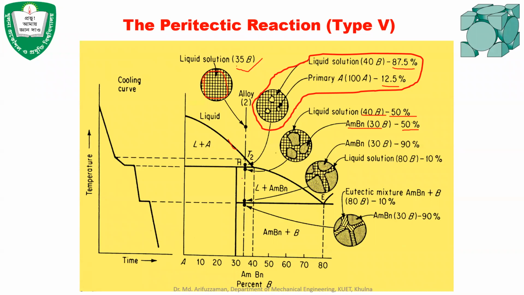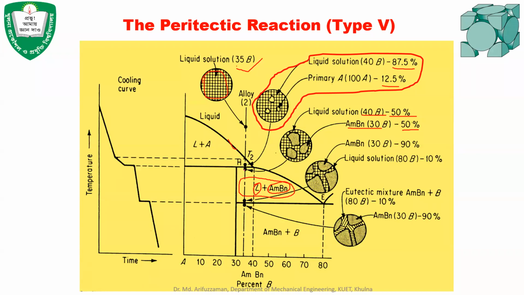That means in this region there will still be some liquid and some solid compound. So there will be no solid A present in this region. This region will only consist of the liquid and AMBN.